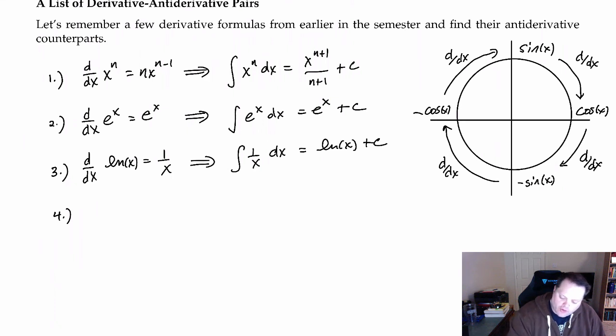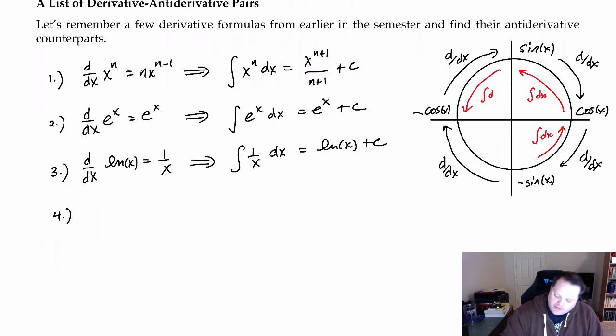Now, what if you wanted to do antiderivatives? Well, you just reverse the direction, right? I mean, you're just going anti the direction that we went when we took a derivative in this case. So the antiderivatives of each of these, you're just moving counterclockwise along the unit circle.